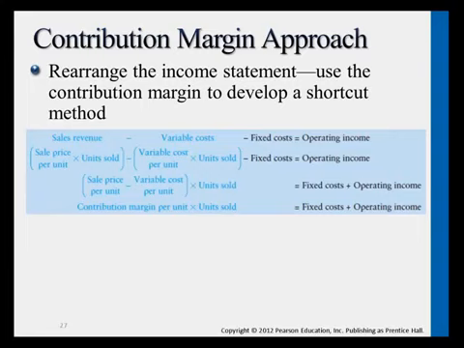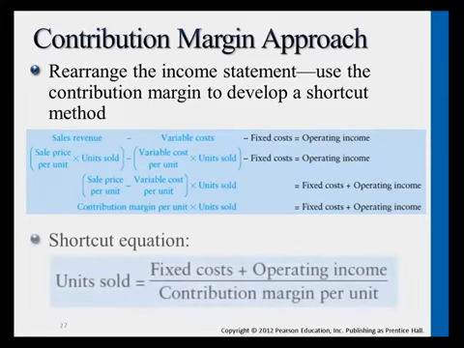So now let's derive this shortcut equation. If we divide both sides by contribution margin per unit, we're going to get units sold. So let's look at this. The other way around as well.